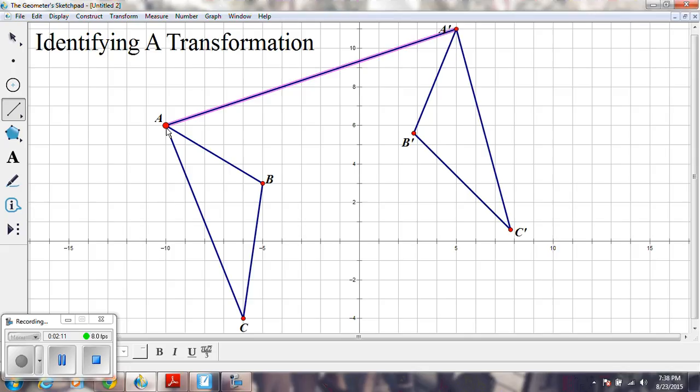To get from A to A prime, I would have to go up 1, 2, 3, 4, 5 units, and to the right 1, 2, 3, 4, 5, 6, 7, 8, 9, 10, 11, 12, 13, 14, 15. Up 5 and right 15.